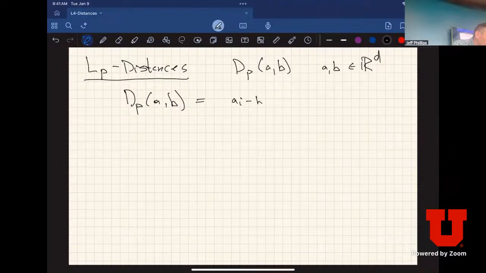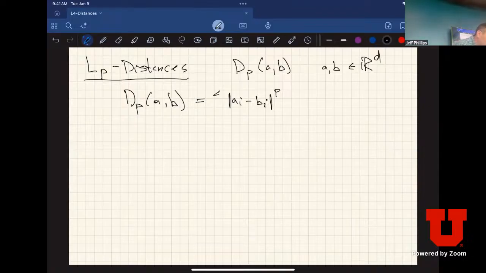|A_i minus B_i|, these are the ith coordinates of these 2 points. I'll take the absolute value of the difference between them. This is the only way I'm going to interact with the data points, the absolute value of the difference. So that means that's going to be a symmetric operation. If I swap A and B, this will be the same. I'm going to take it to the power P. Okay.